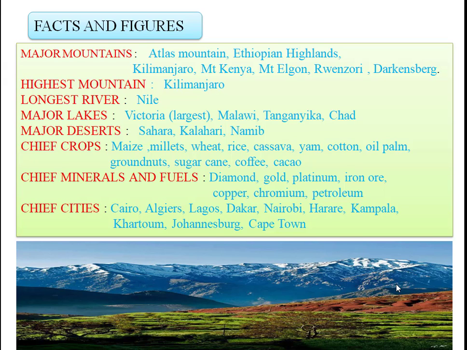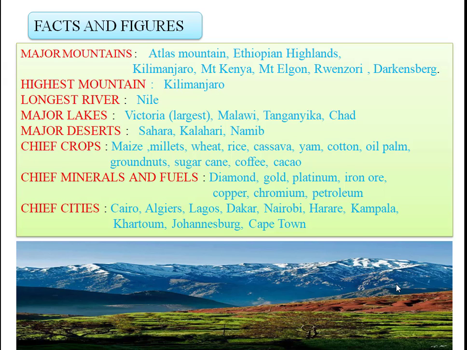Highest mountain, Kilimanjaro. Longest river, Nile. Major lakes, Victoria, Malawi, Tanganyika, and Chad. Major desert, Sahara, Kalahari, and Namib.